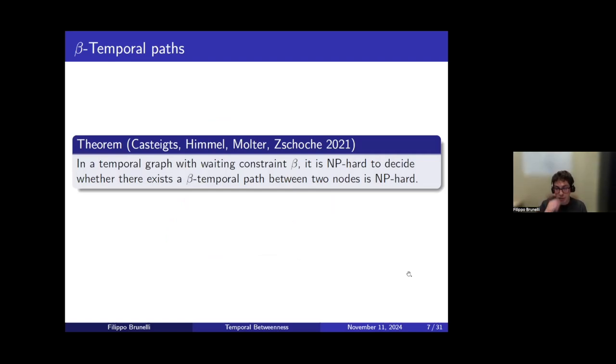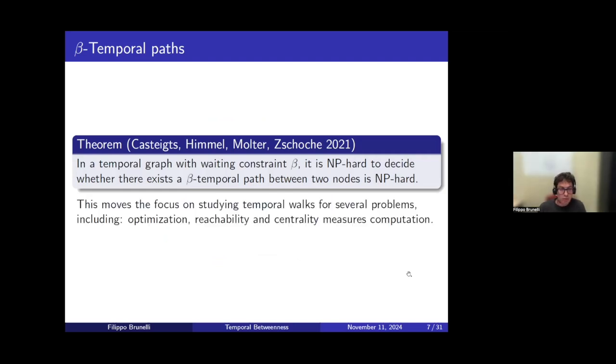So there is this result from the literature that tells us that when we consider this type of constraint, even deciding whether there exists a beta temporal path between two vertices is already NP hard. Fortunately, this doesn't mean that it's the end of this line of computation, but instead of focusing on beta temporal paths, we can focus on beta temporal walks.